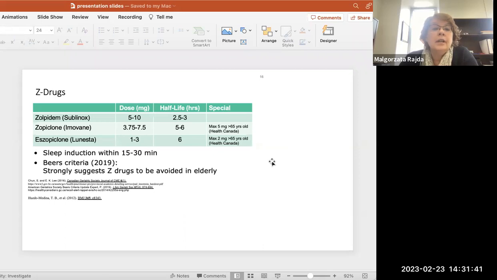They differ in their half-life. In the Beers criteria, all recommend that those medications should be avoided in the elderly. So in the older population, we use lower doses and try to avoid it if possible.